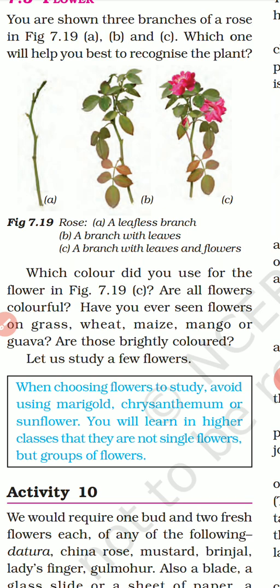Have you ever seen flowers on grass, wheat, maize, mango or guava? Everything has flowers if you see. These small different colored flowers are there. Are these brightly colored? Let us study a few flowers.